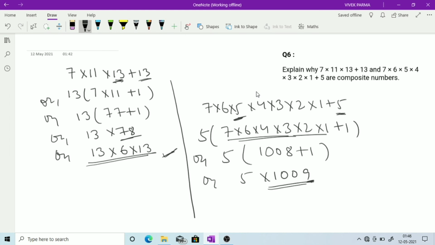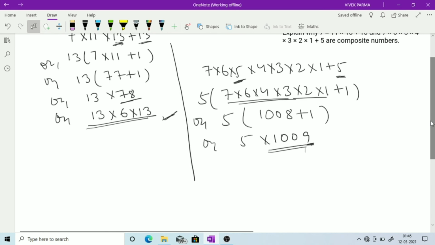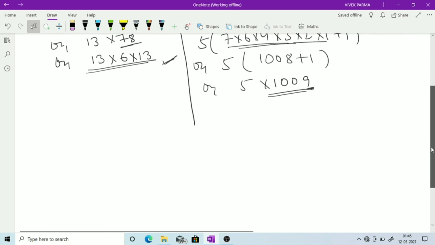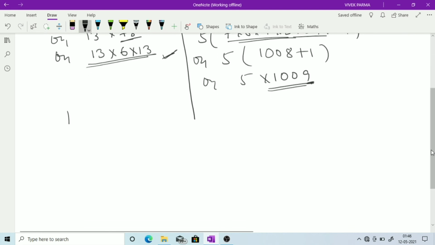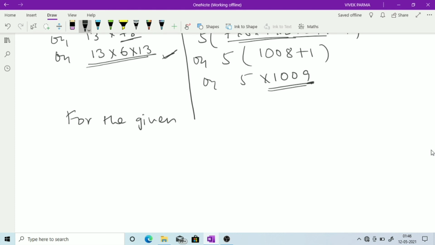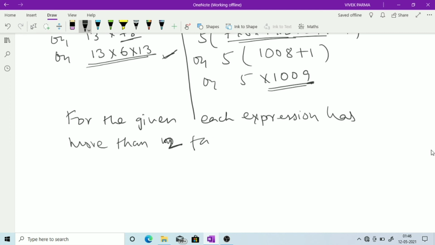So that means here you can see these are two factors of this expression, right? So here we can say each given expression has more than two factors, right?